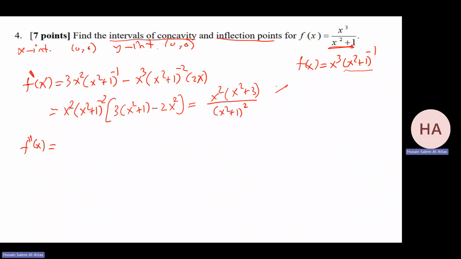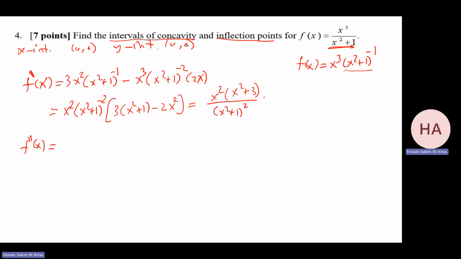Still, I need to do this, which is a little bit complicated now. I have the derivative of the numerator, which is a product. So I have 2x times (x squared plus 3), plus 2x times x squared, all of this times the numerator. Okay, the derivative of this, let's not make it very complicated.